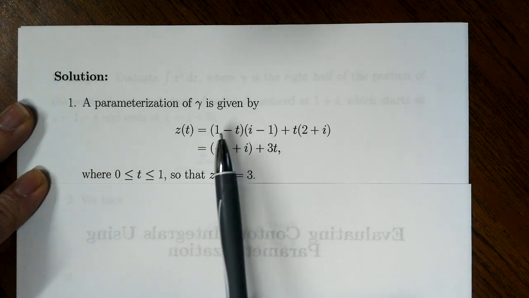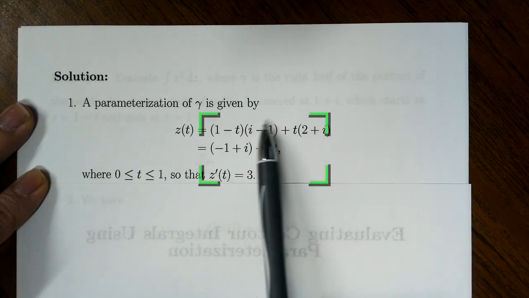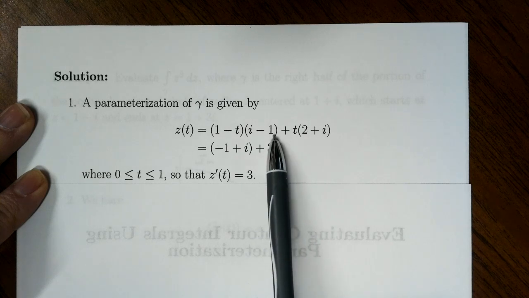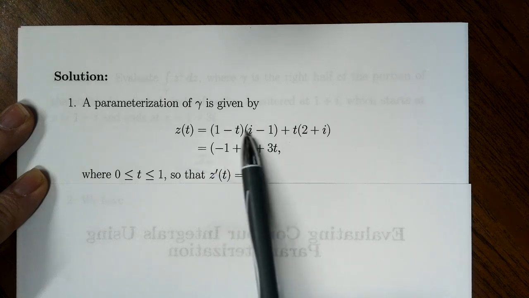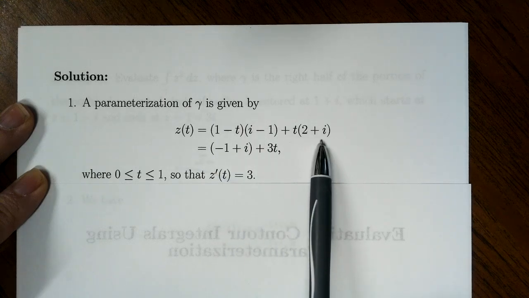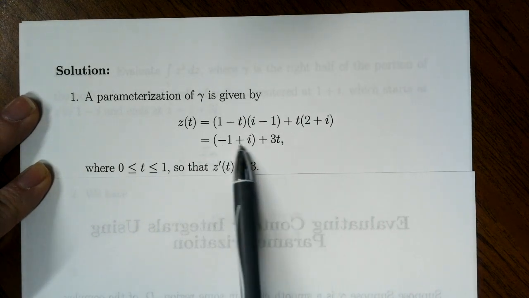So for example, if t is 0, this goes away, and we have 1 times i minus 1. That's our starting point at t equals 0. If t equals 1, this all goes away, and we're left with 2 plus i. That's our ending point.